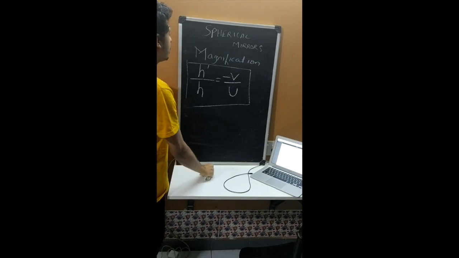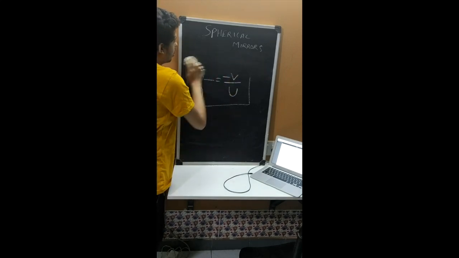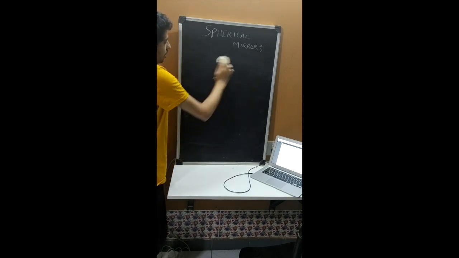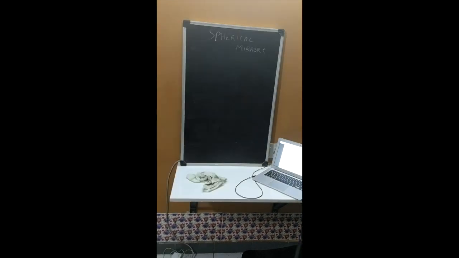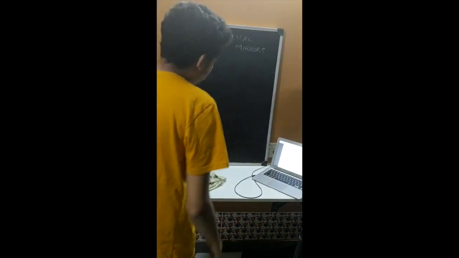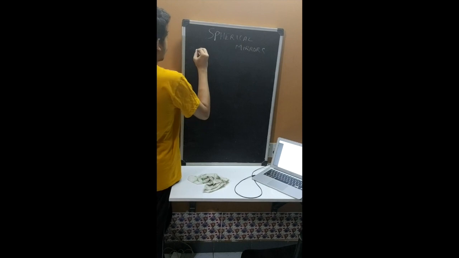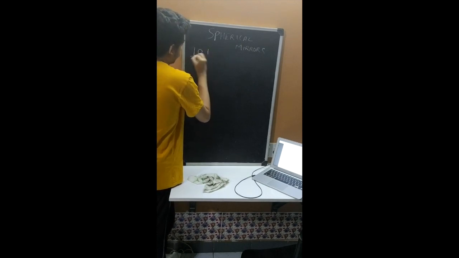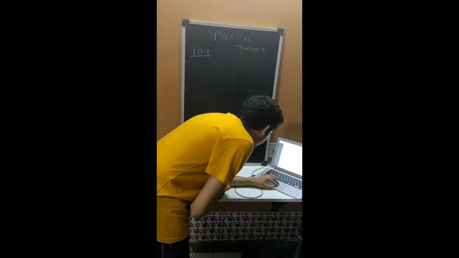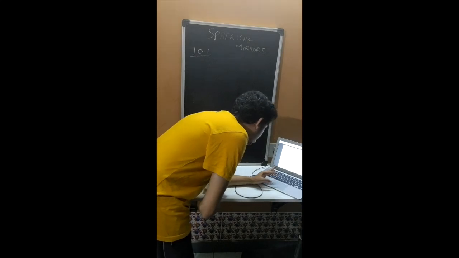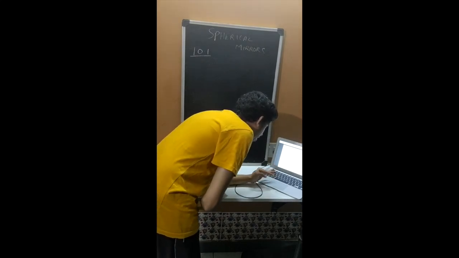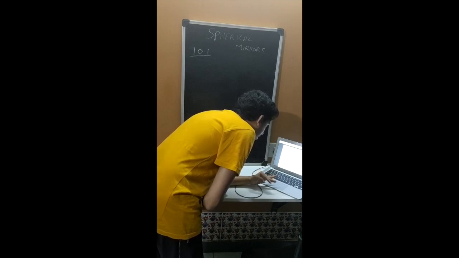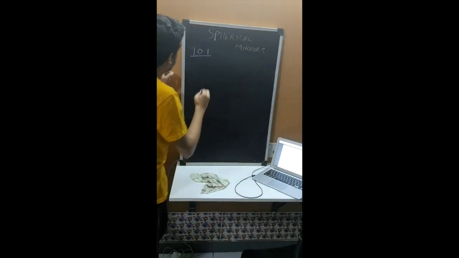Okay, now that we are done with this, let us solve the examples that are there in the textbook so that it will become clear. So we will solve example 10.1. What does it say? It says a rear view mirror on an automobile is a convex mirror with radius of curvature 3 meters.